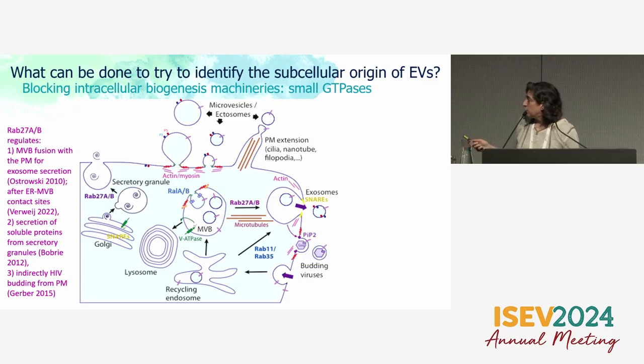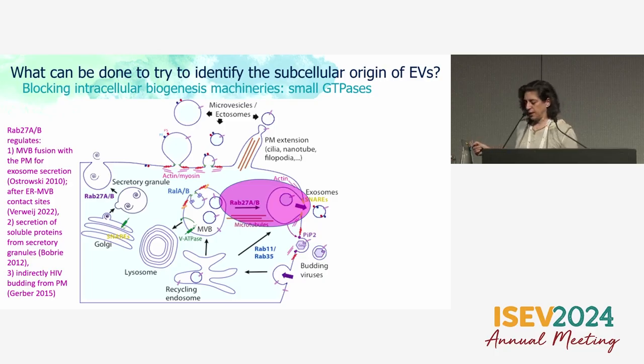So the first one was that we could clearly show, back in 2010, that RAB27, which was known to be an intracellular RAB protein that's involved in secretion of secretory granules, so that RAB27 inhibition would decrease the secretion of exosomes.